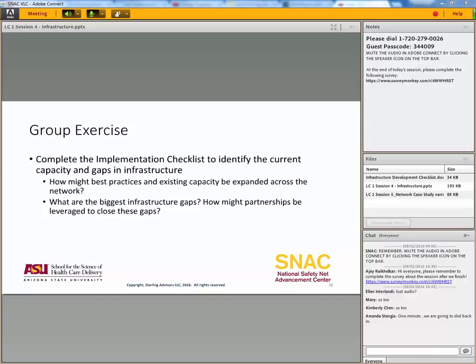But it's a document that we would like each of the represented organizations on the call to take back and spend a little bit of time with the leaders in your organization that are participating in this process and come prepared to discuss it as we kick off the 5th session in 2 weeks. AJ, are you able to bring up the Session 4 infrastructure document?